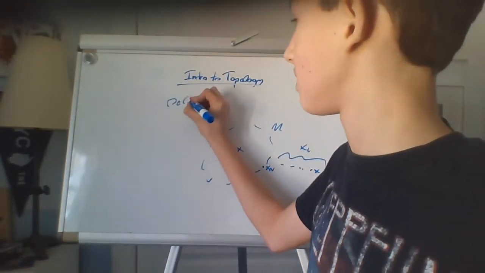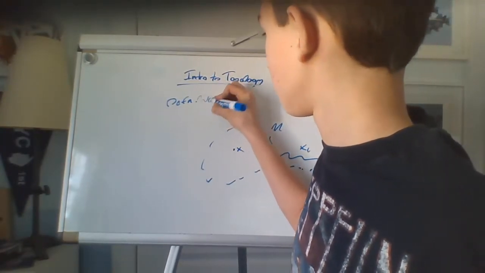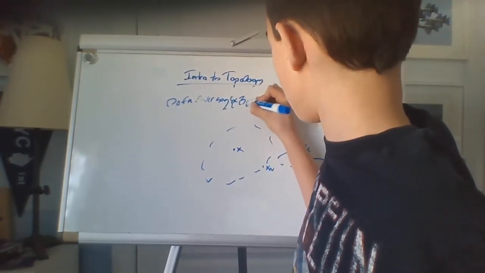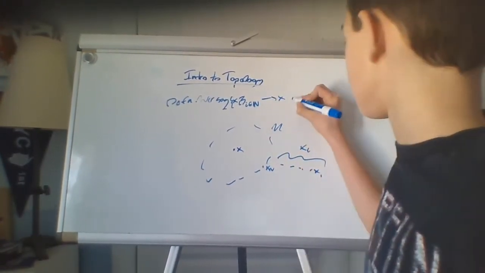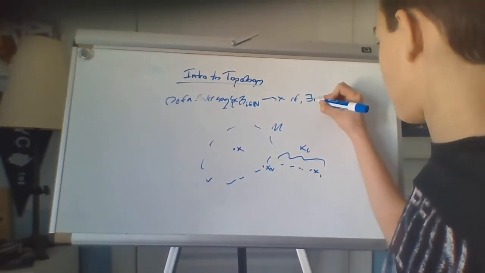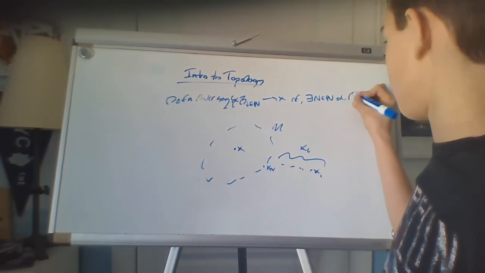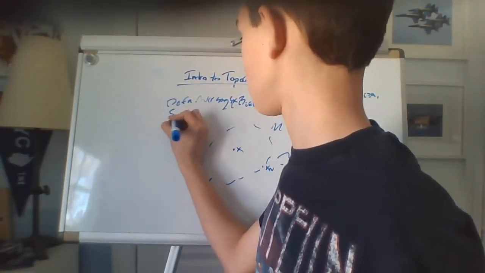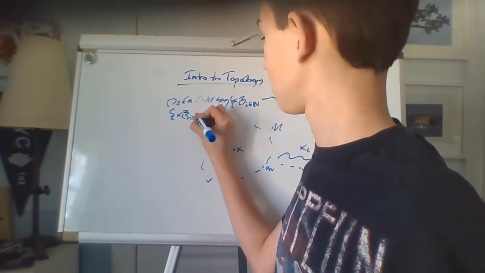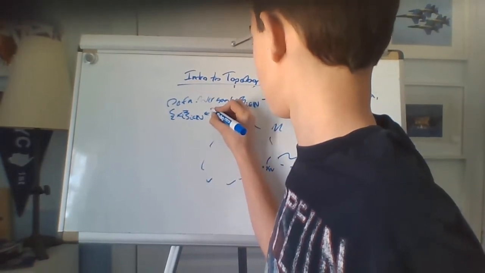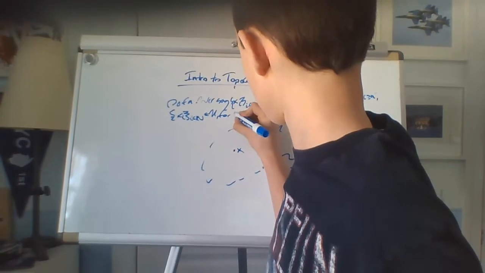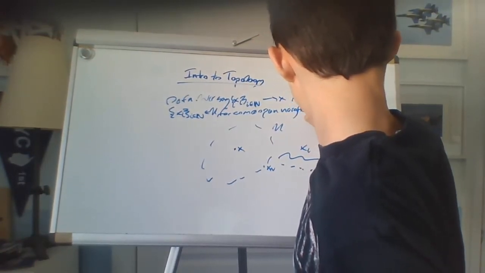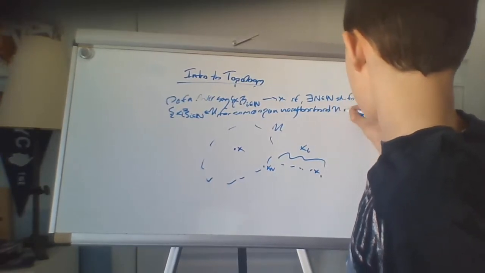So the definition should be, we say x_i, a sequence of points, i in the natural numbers, converges to point x if there exists an n in the natural numbers such that for i greater than n, x_i is in U for some open neighborhood U around x.